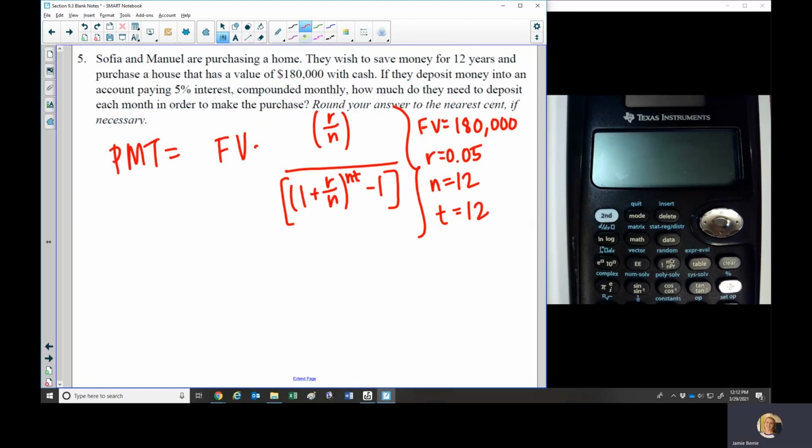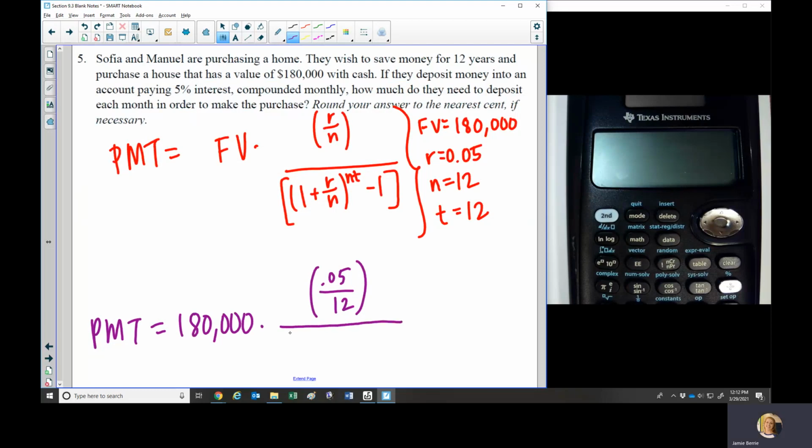All right, so let's write down what we're going to plug in. Payment equals 180,000 times R over N, so that's 0.05 over 12, divided by, big bracket, 1 plus 0.05 over 12, raised to the NT.